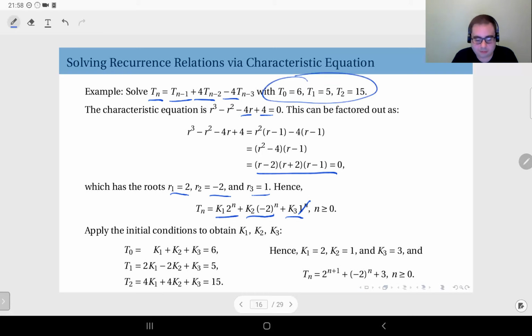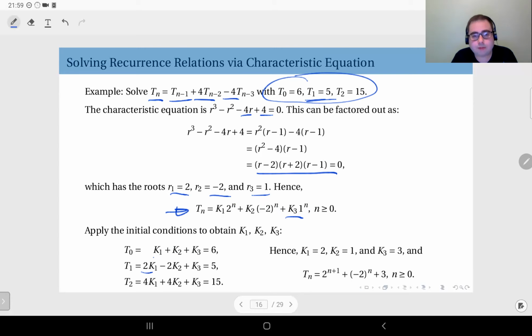Just apply T0, so set n equals 0 in this expression. What you get is k1, because 2 to the power 0 is 1, minus 2 to the power 0 is 1, 1 to the power 0 is already 1. So k1 plus k2 plus k3 is 6. And then set n equals 1, which gives you 2 to the power 1 is 2, so 2k1.